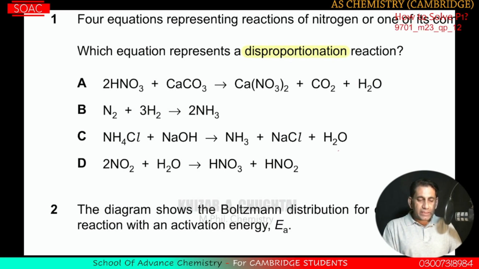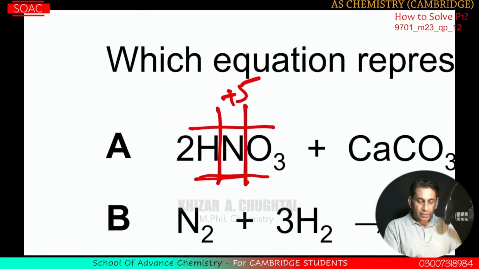Number 1, HNO3 plus calcium carbonate goes to calcium nitrate, CO2, H2O. In HNO3, nitrogen has a +5 oxidation state. How can we find the oxidation state?